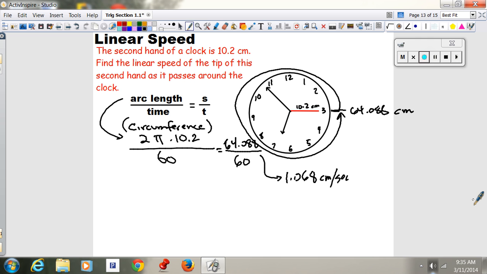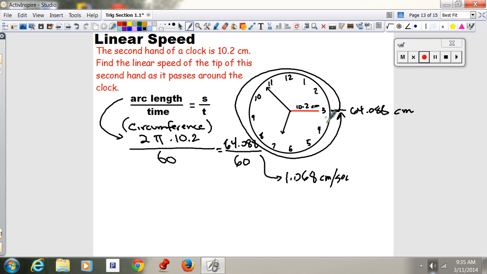Otherwise, it won't make it all the way around. So 64.088 is the complete circumference. Divided by 60 seconds, you're going to go this fast: 1.068 centimeters per second. That's how fast that second hand is actually traveling. If your second hand has a radius of 10.2, you can figure it out for whatever radius your second hand is.